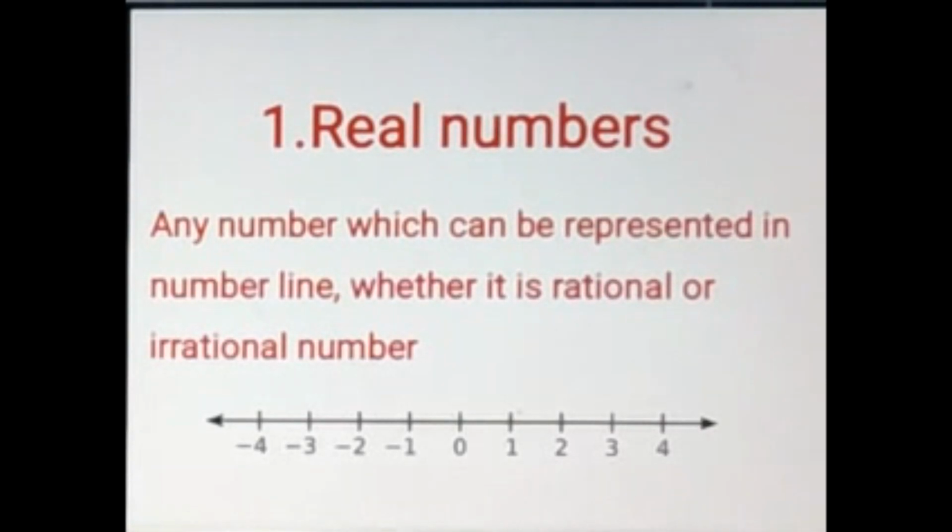An irrational number, for example under root 2, under root 3, cannot be represented in the form of a ratio or rational form. Those numbers we have also represented in a number line. So those numbers are called real numbers.